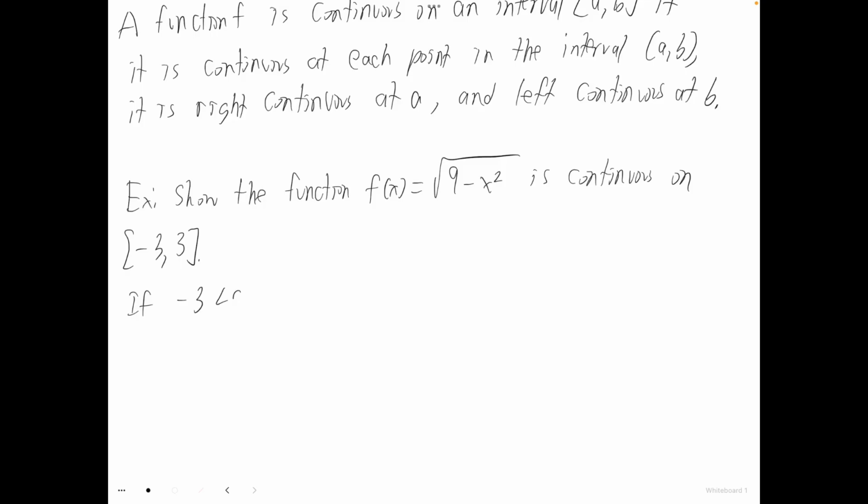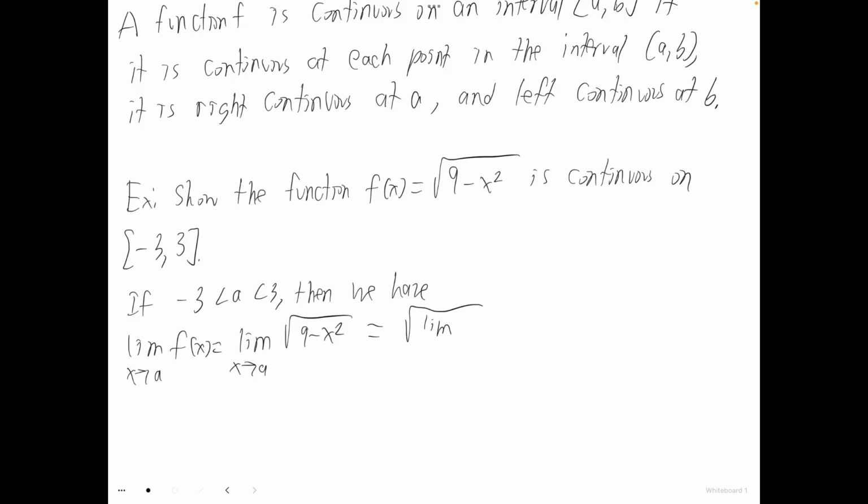So if -3 is less than a and a is less than 3, then we have that the limit as x approaches a of f of x equals the limit as x approaches a of the square root of 9 minus x squared, which by limit properties is the square root of the limit as x approaches a of 9 minus x squared, which is equal to the square root of the value 9 minus a squared, because we can plug a in since 9 minus a squared is going to be non-zero. And so this then, notice, is equal to f of a.